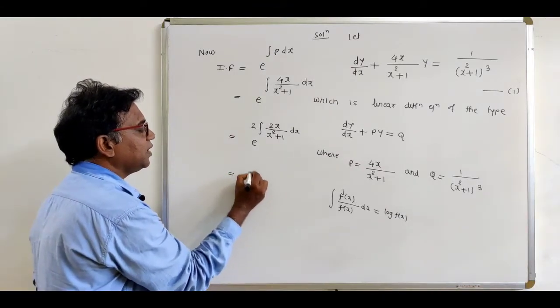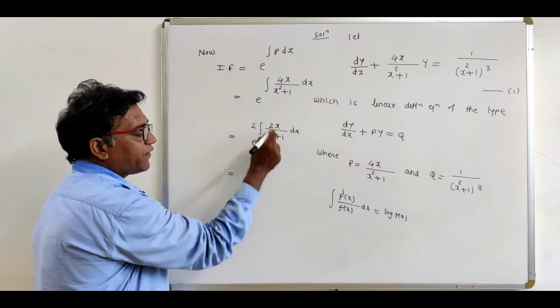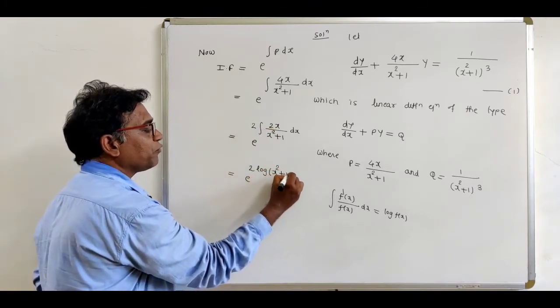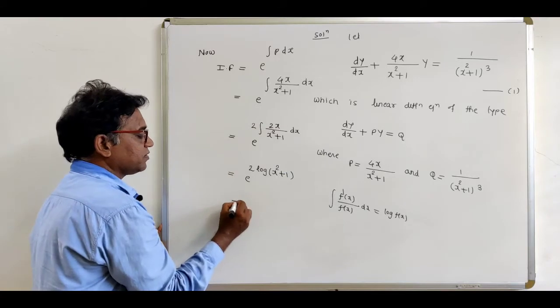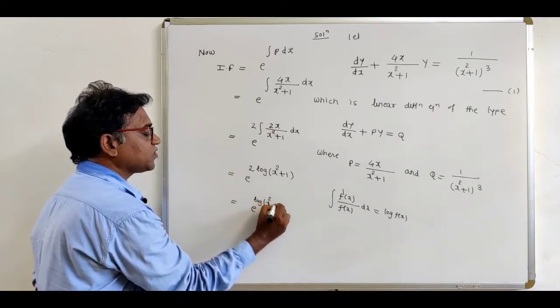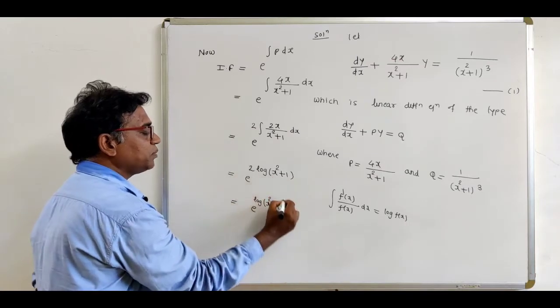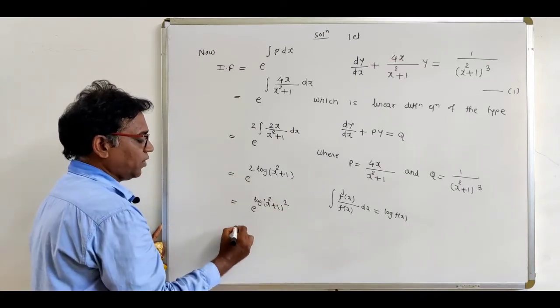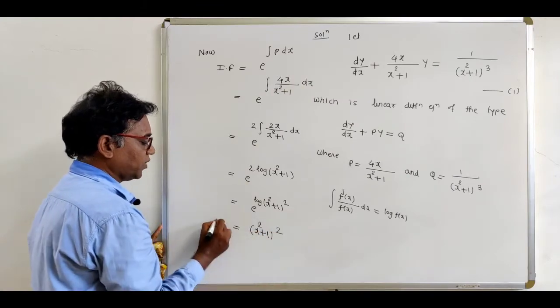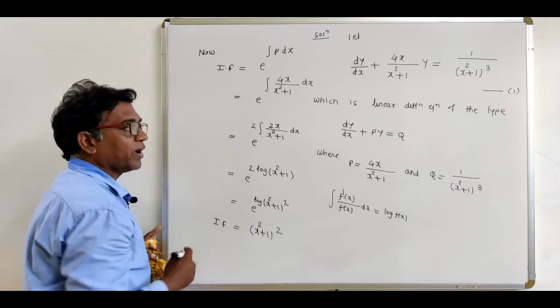So this is e raised to 2 log of x square plus 1. Now the exponential and log cancel, so this is (x square plus 1) whole square. This is our integrating factor.